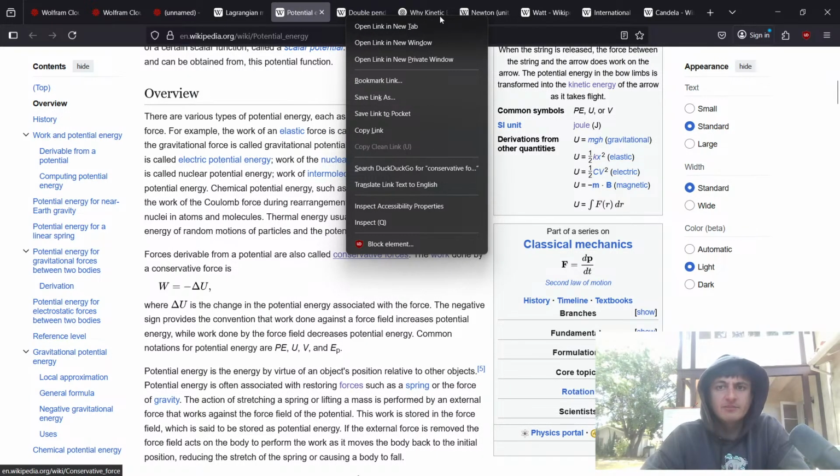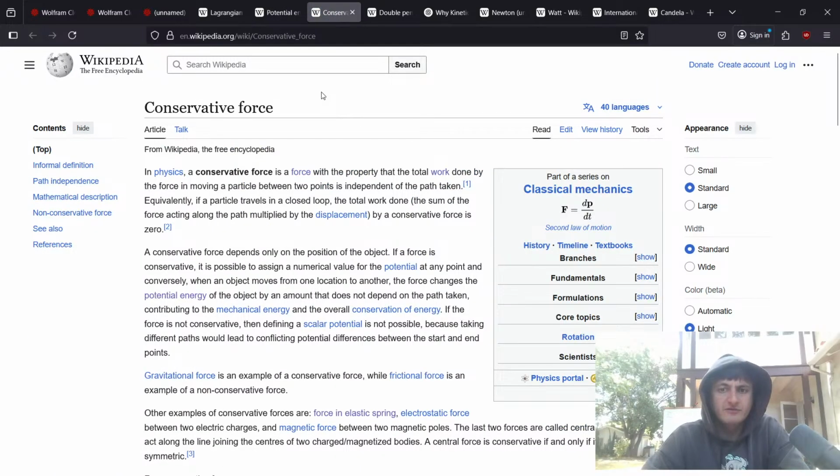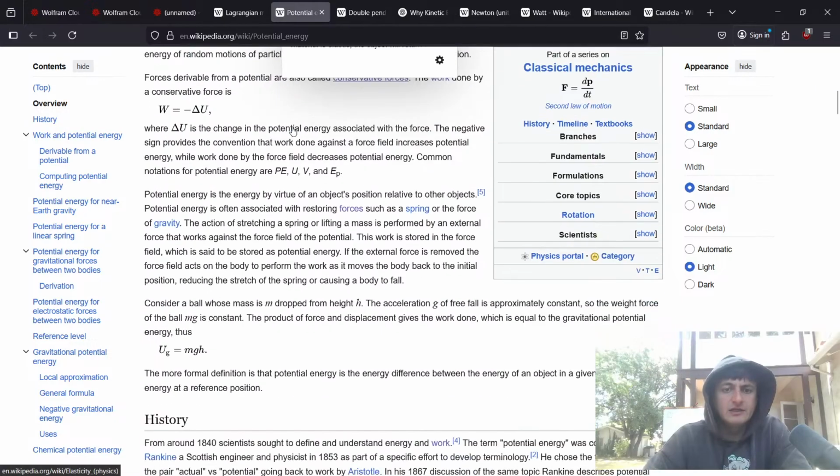Oh, this is all kind of coming back to me. Conservative and non-conservative physics. Right.